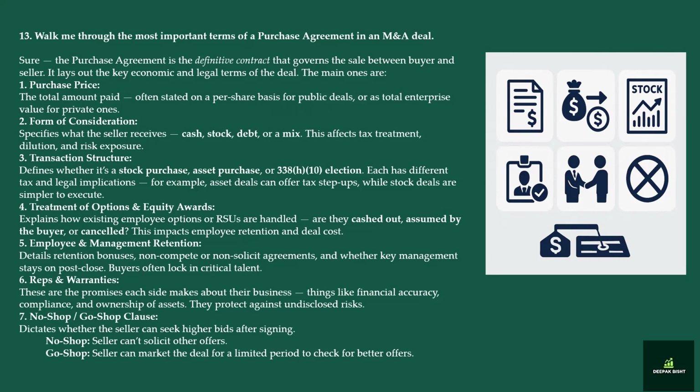If any of these statements are found to be false after closing, the affected party may seek indemnification or other remedies. So representations and warranties allocate risk and liability between the parties and serve as a foundation for post-closing protection. And when you're looking at a merger and acquisition deal, always look at reps and warranties. All right.